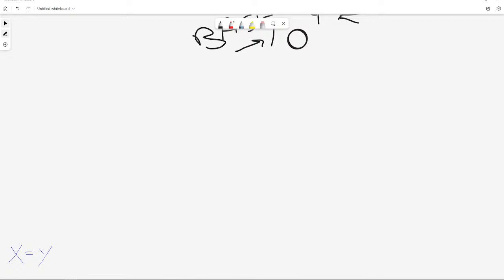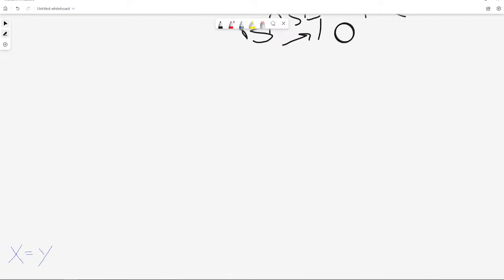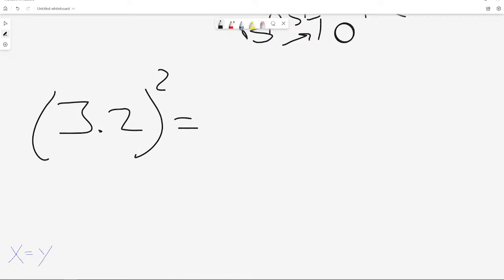So let's do another example here. The base can be any real number. So 3.2 can be squared or cubed or whatever. And that would be the same as the examples above. That would just be 3.2 times 3.2, and that equals 10.24.